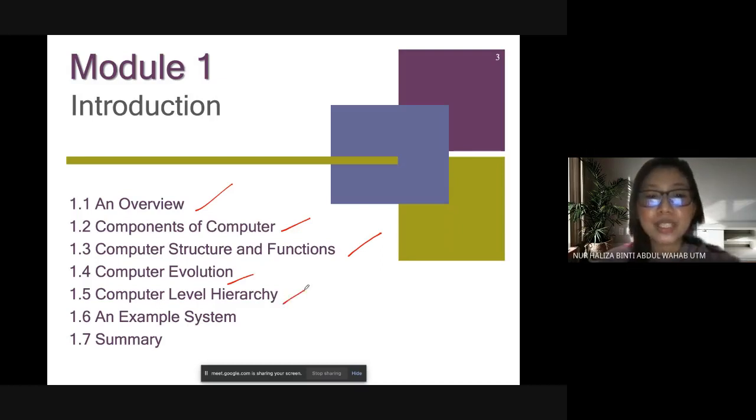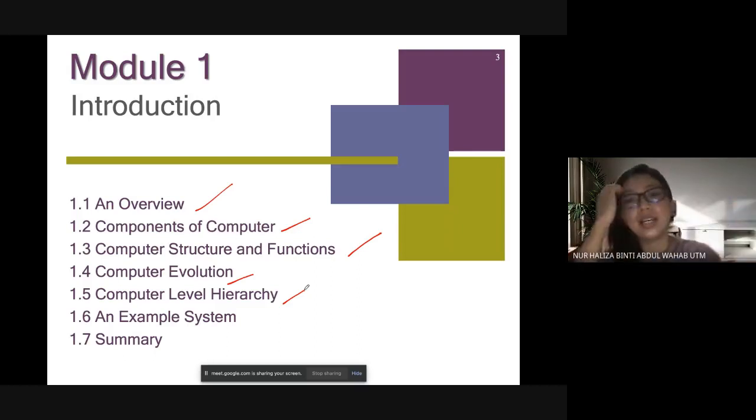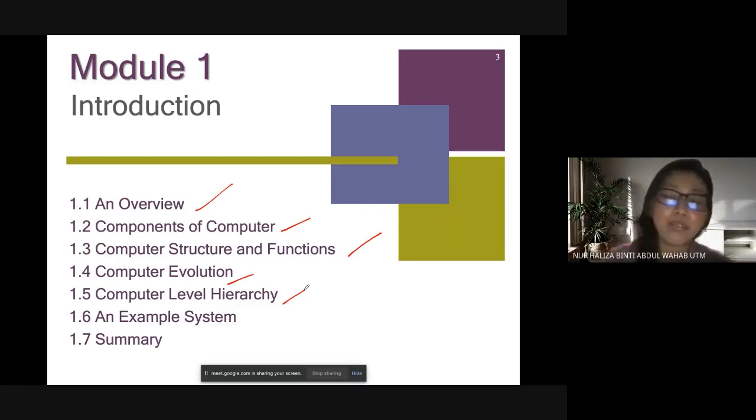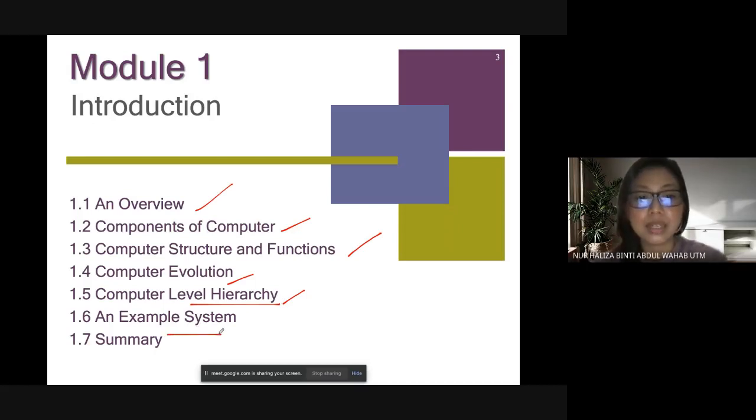And computer level hierarchy. This hierarchy, you're going to learn what types of computer there are, the supercomputer, the mobile phone, and so on. So you're going to check the hierarchy of computers, examples of systems, and then finally the summary.